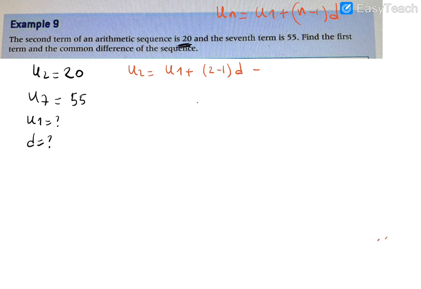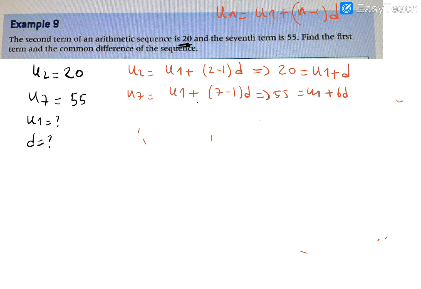So basically u2 is 20 equal to u1 plus d. That's my first equation. The second one: u1 plus (7 minus 1) times d. From here, I have 55 for u7 equal to u1 plus 6d. This is my second equation.